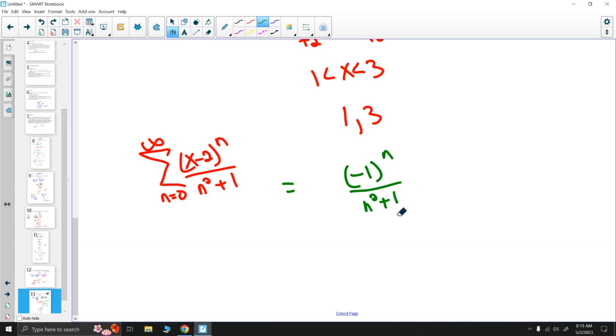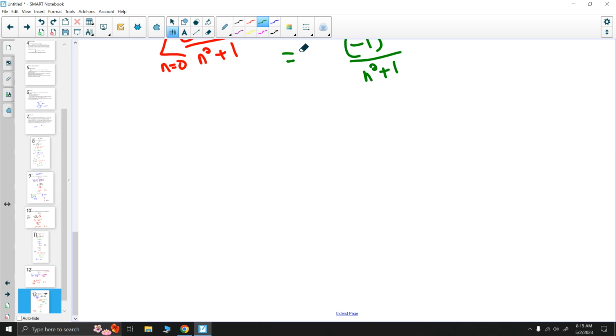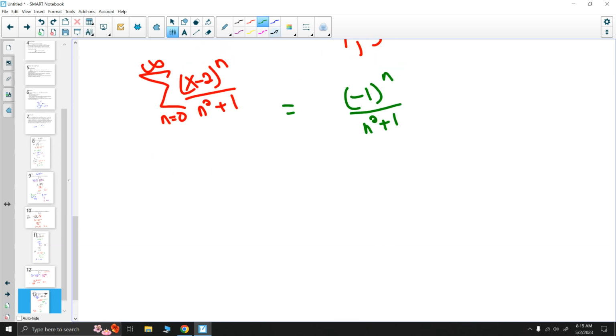It's an alternating series, so I'm going to try the alternating series test. That is to say, I need to show that the limit as n approaches infinity of 1 over n squared plus 1 goes to 0. It does. Then I need to show a sub n plus 1 is less than a sub n for all n.